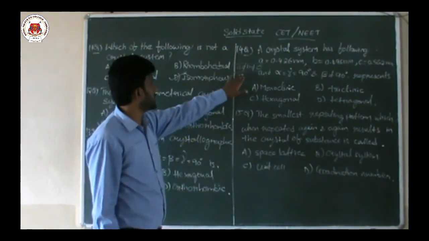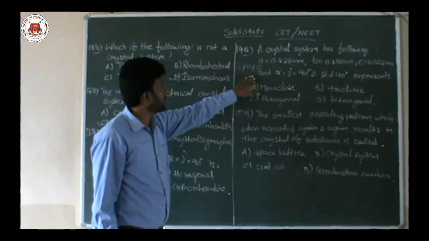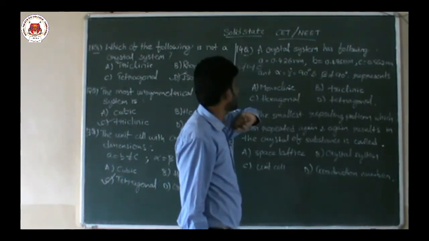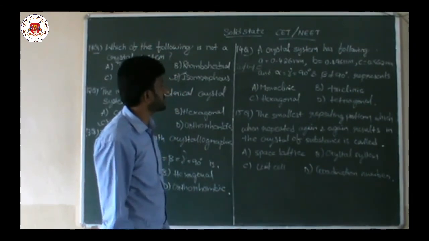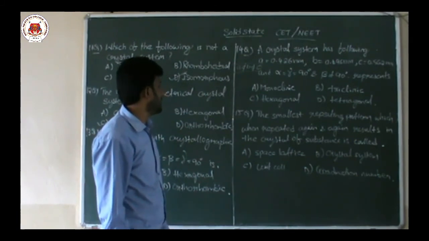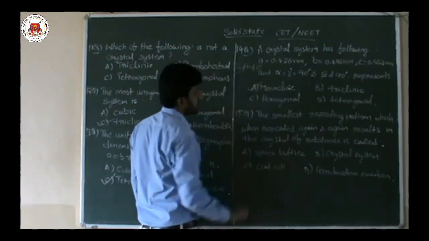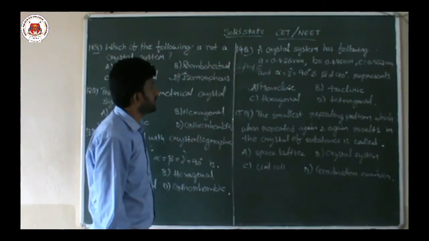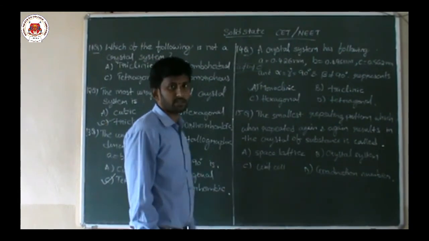So the ultimate thing you need to understand is A is not equal to B, not equal to C. And alpha and gamma are equal to 90 degrees, but beta is not equal to 90 degrees in this crystal system. So which type of crystal system belongs to this? In case of monoclinic crystals, this happens: alpha and gamma are 90, but beta is not equal to 90.